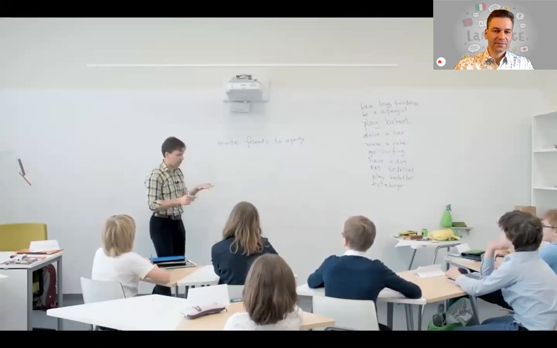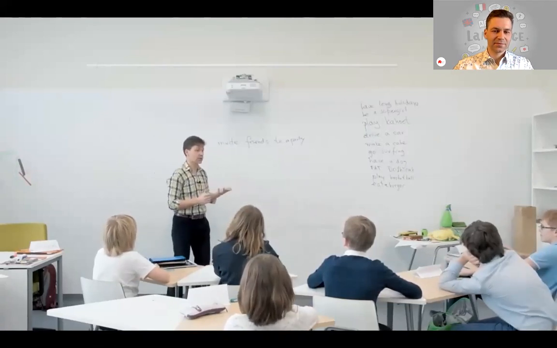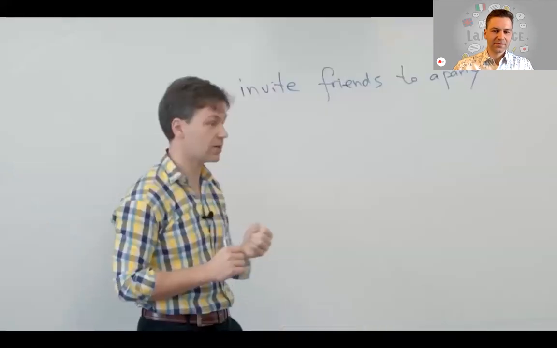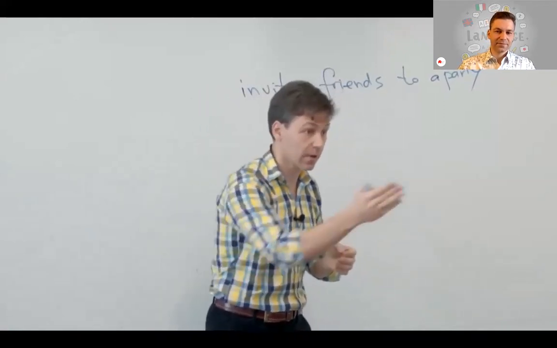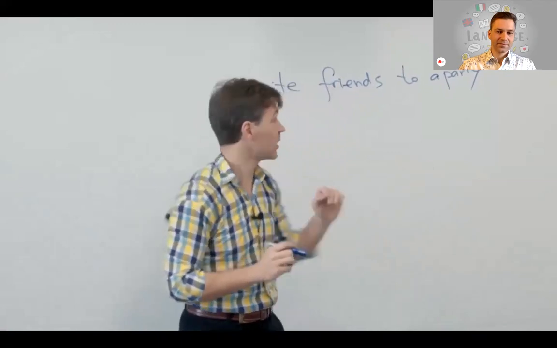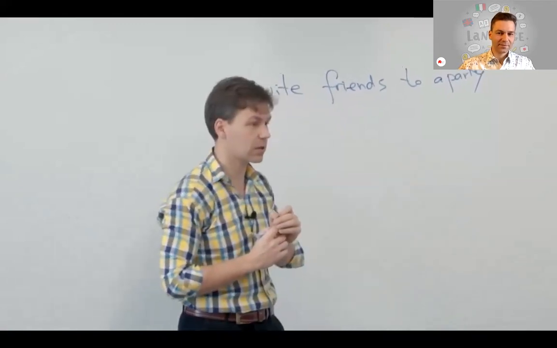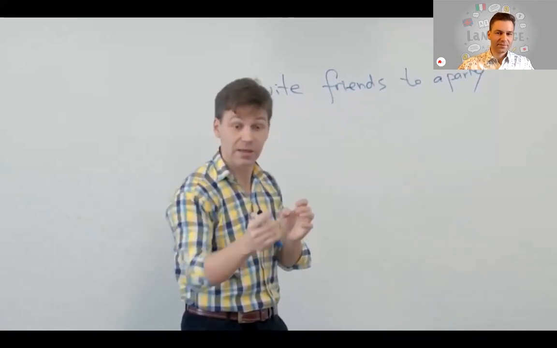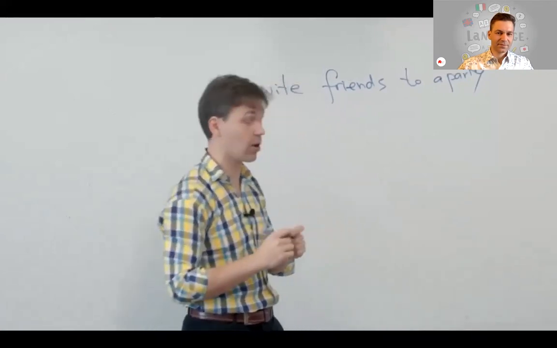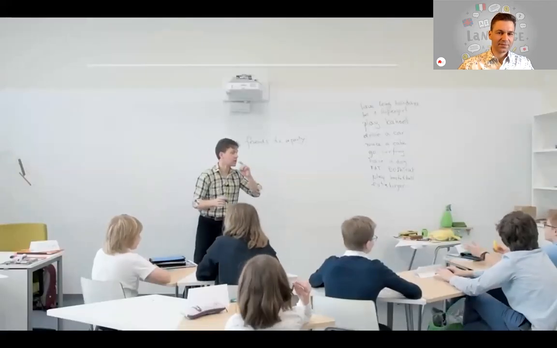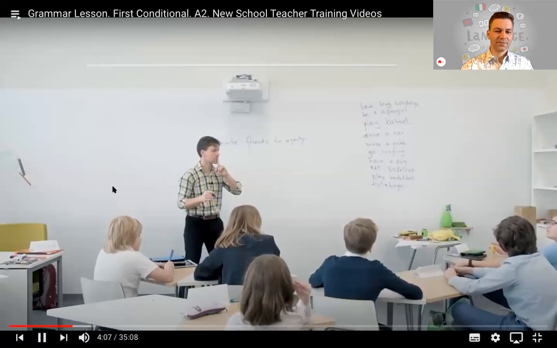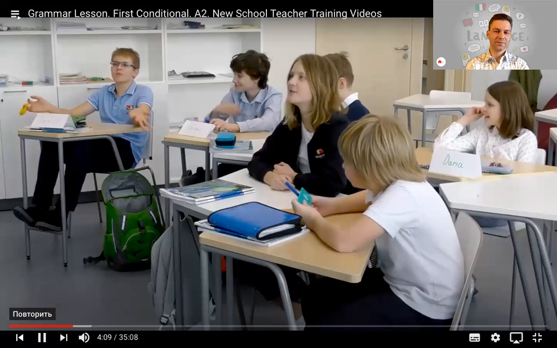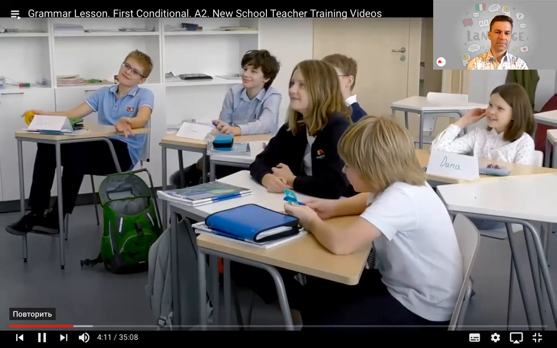So if I invite friends to a party, I'll make a cake. What else can I do? If I invite friends to a party, I will? I will buy balloons. Okay, what else can I do if I invite friends to a party? In the fridge, yes, I'll put Coca-Cola into the fridge. Very good. I'll make burgers. I won't buy, I'll make burgers. No, I won't like food.